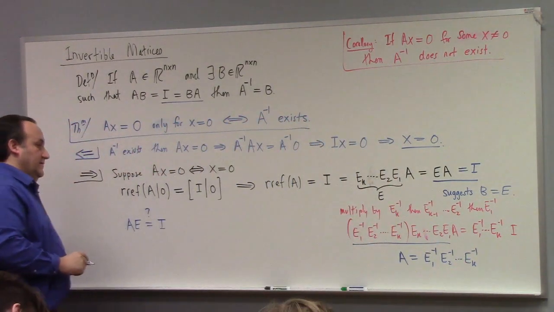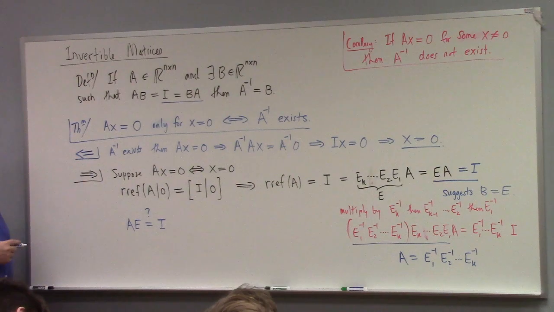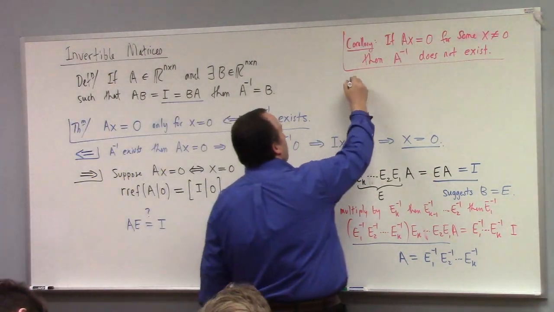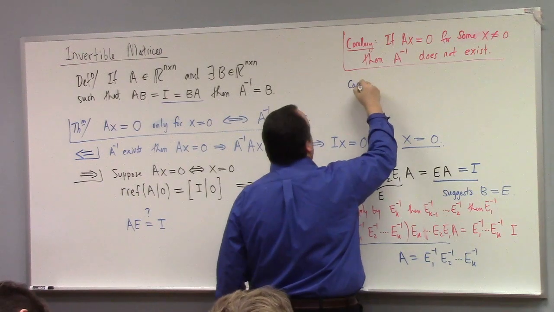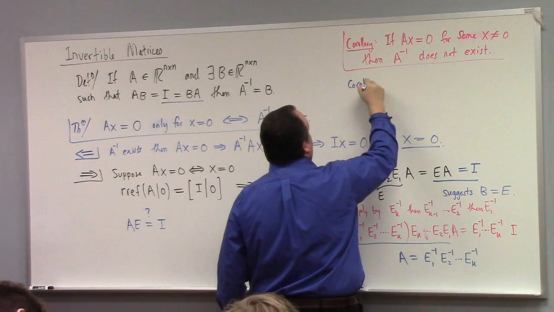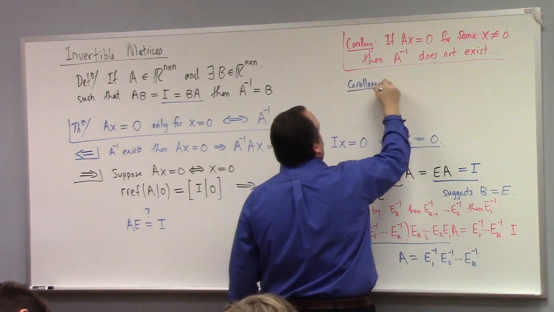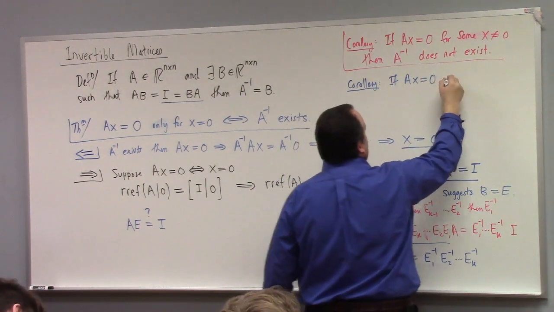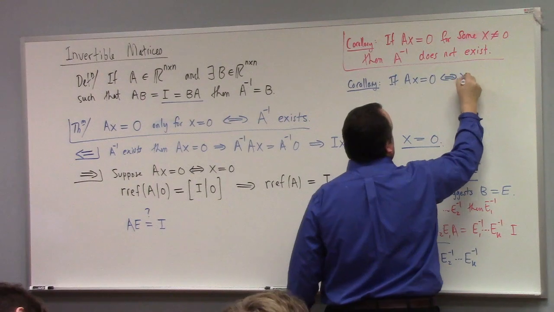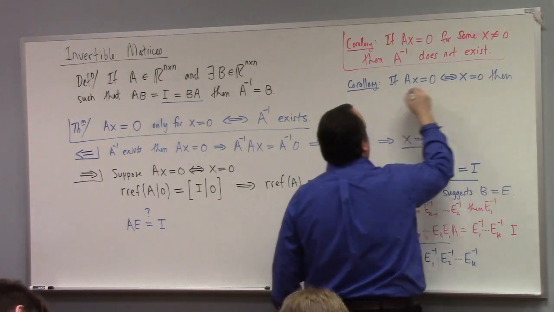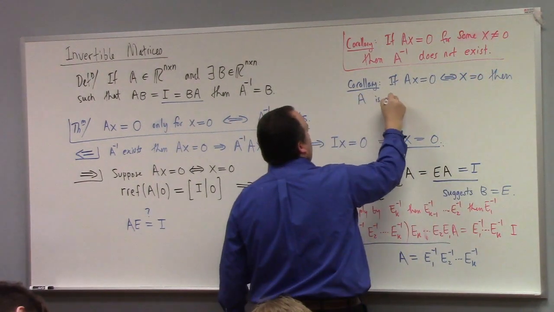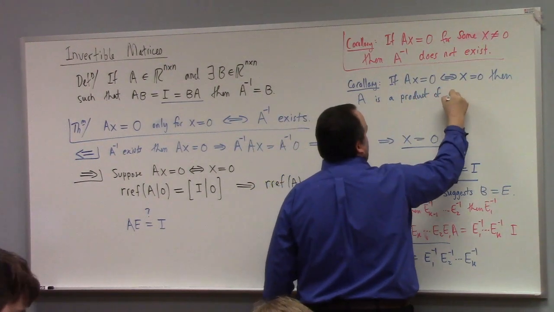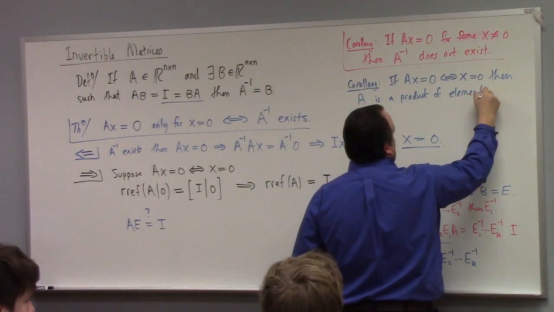I think inadvertently in the middle of this proof we've discovered another corollary, right? Corollary: if AX equals 0 if and only if X equals 0, then A is a product of elementary matrices.